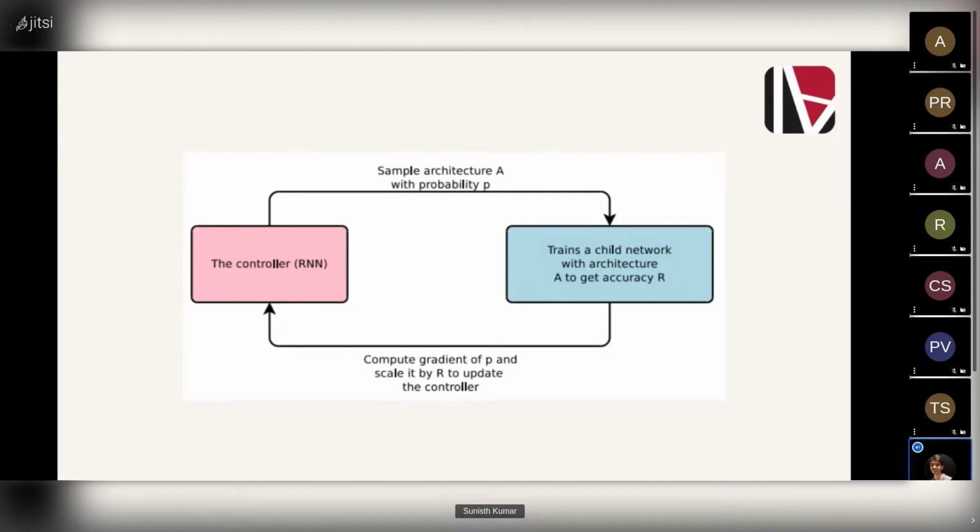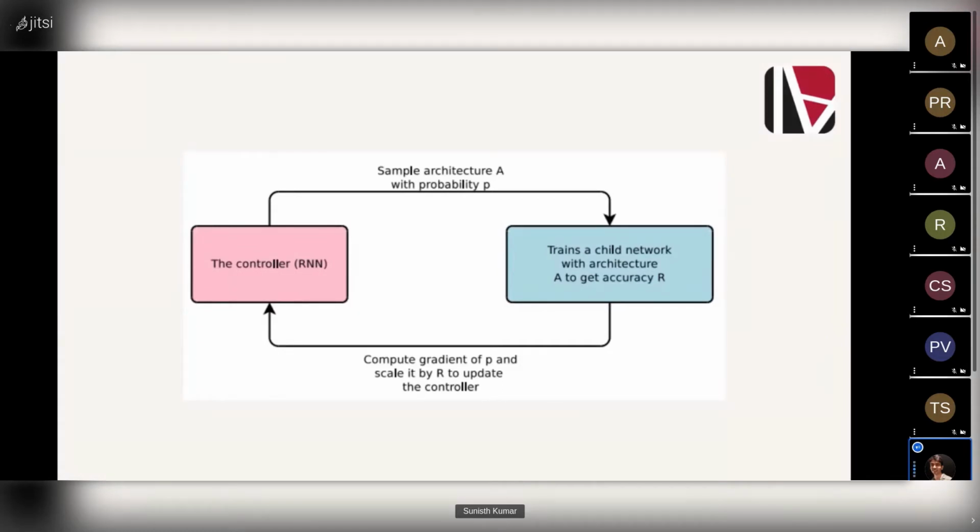So now this NAS came, and the aim of this algorithm is to eliminate this manual labor. This algorithm actually generates the network architecture for you, which you can then use to train and test your data set. So that was the basic idea.